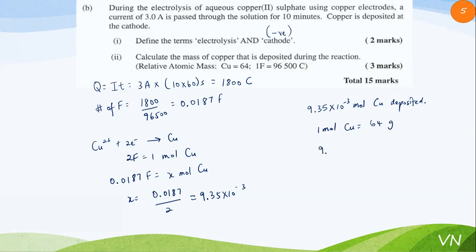So therefore 9.35 times 10 to the minus 3 moles is equal to 64 grams multiplied by 9.35 times 10 to the minus 3, which is equal to 0.6 grams. All right, so mass of copper deposited is equal to 0.6 grams.